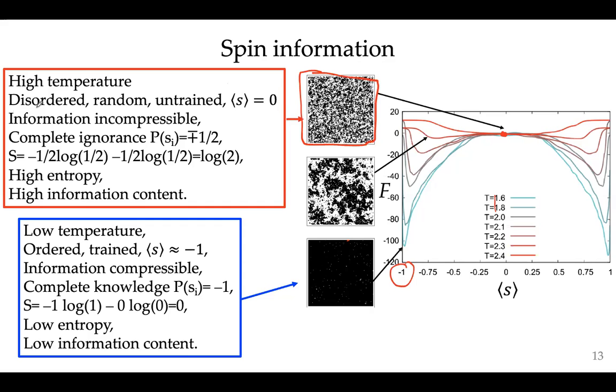So this phase is disordered, it's random, and it's untrained in the sense of machine learning. So this is not the minimum of the loss function. So the magnetization is 0.